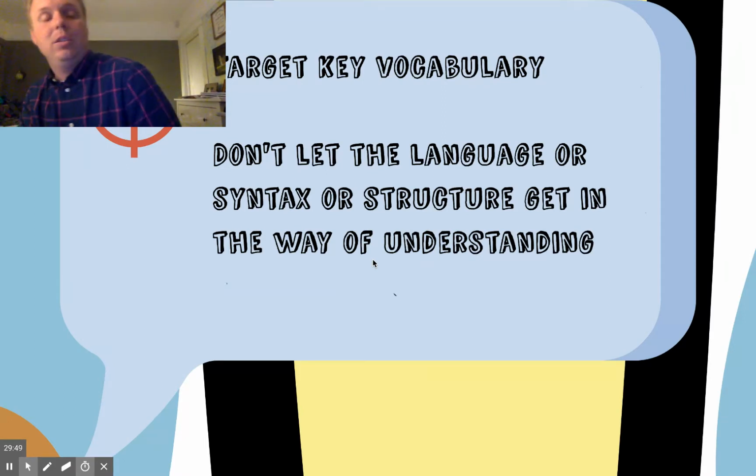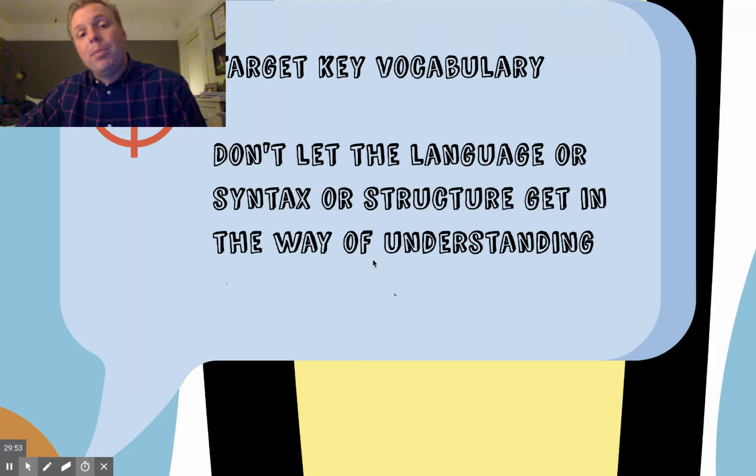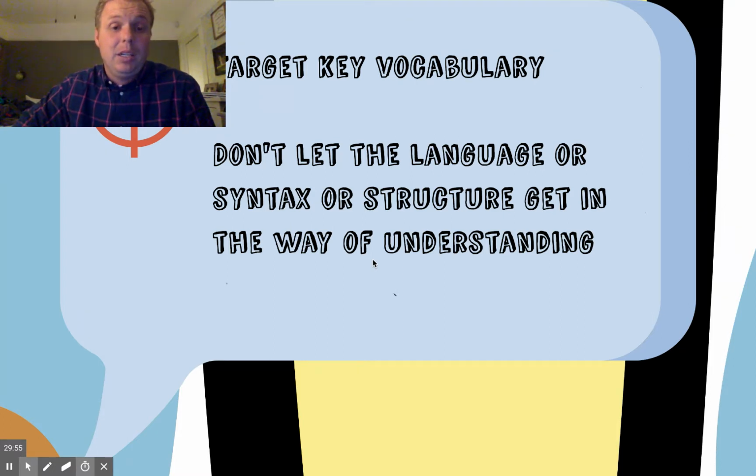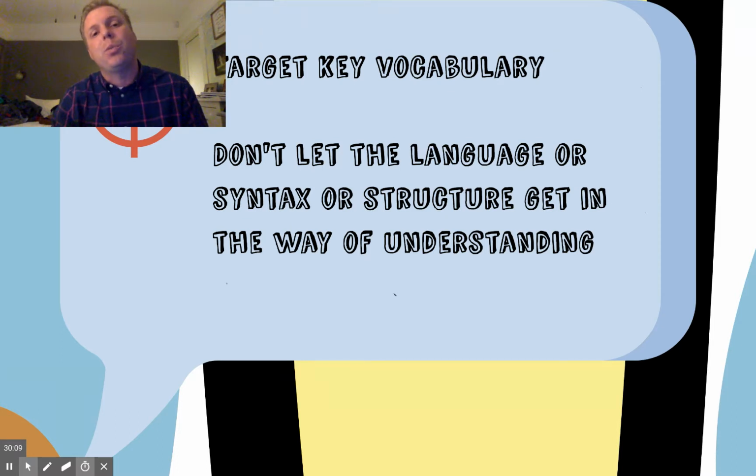One thing along the lines of representation that you need to consider is remember to target key vocabulary. And this is kind of tricky because when I say key vocabulary, that's exactly what I mean. I don't mean the words around the concepts. I mean the actual words that if they don't know these words, they can't meet this learning objective.